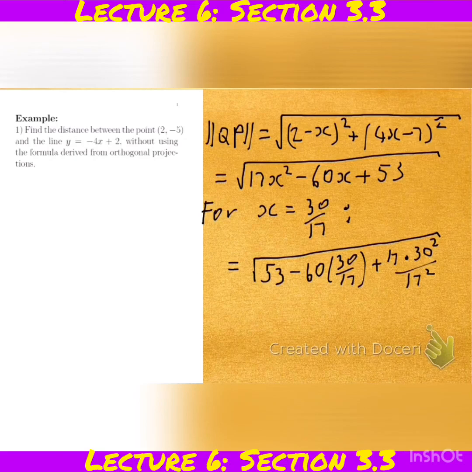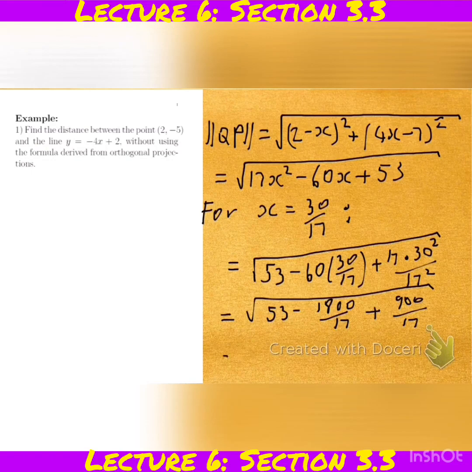Okay, and then you can work that out with your calculator. That's 53 minus 1800 over 17 plus 30 squared, which is 900, divided by 17.